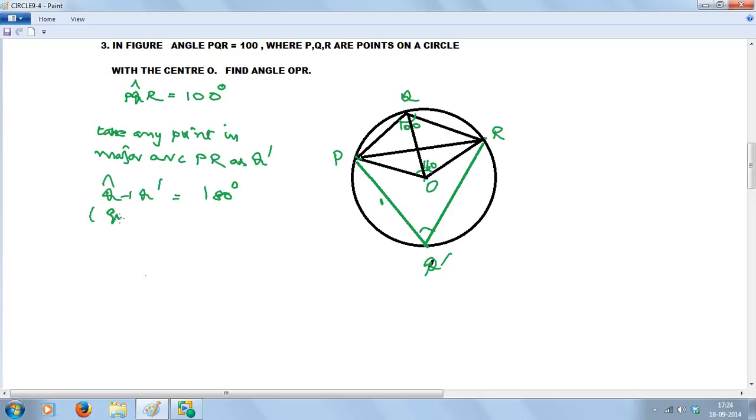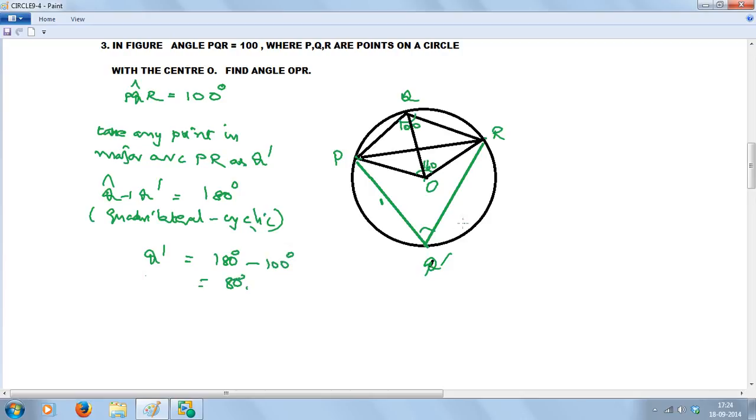Now by the theorem of this cyclic quadrilateral, therefore Q dash equals 180 minus Q. Q is 100 degrees, so Q dash equals 80 degrees.